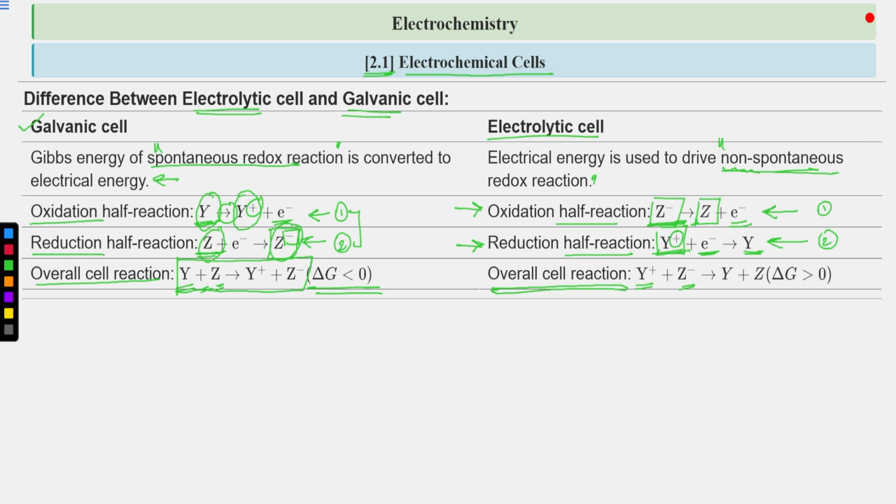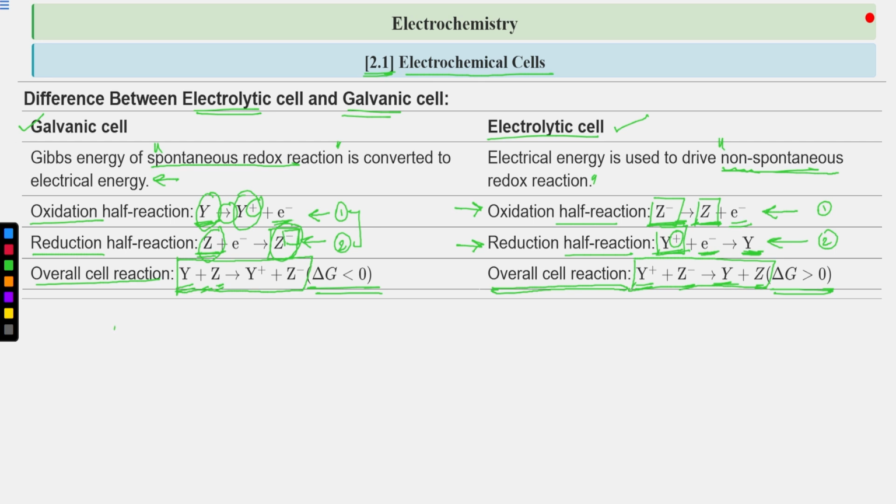And here at the product side we have Y plus Z. So this is the overall cell reaction for the electrolytic cell. This is a non-spontaneous reaction, and the del G, that is the Gibbs free energy for this reaction, is positive, greater than 0.